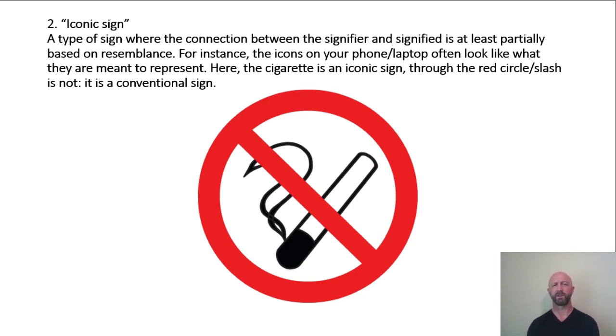In this example that I gave you, the no smoking symbol here, there are two different types of signs. The cigarette is an iconic sign in that it looks at least partially like a cigarette. Yeah? But the red circle with the slash through it is a conventional sign in that there's nothing intrinsic about a red circle with a slash through it that means do not do this, right?